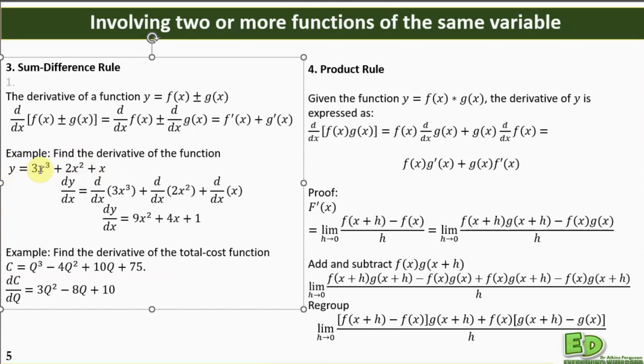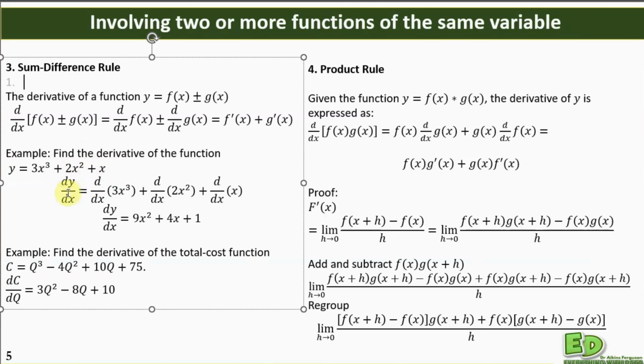What we do is that we can see this is a function on its own, this 2x squared is also another function, and then this x is also another function. We have one term here, a second term here, and a third term here. So there are three terms over here being separated by a binary operation, plus or addition, right?